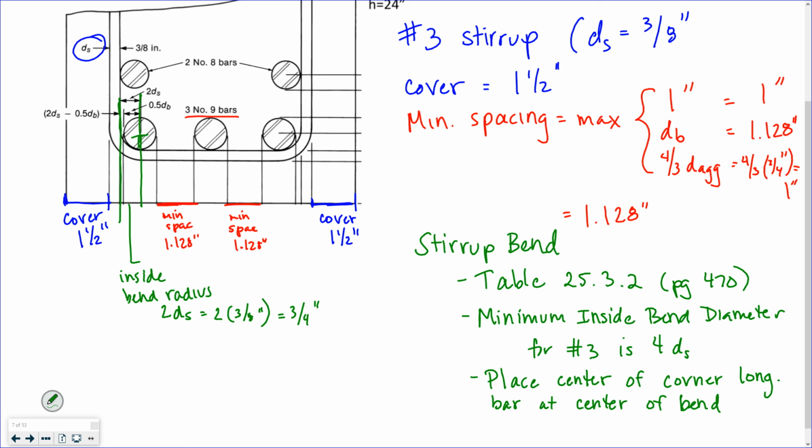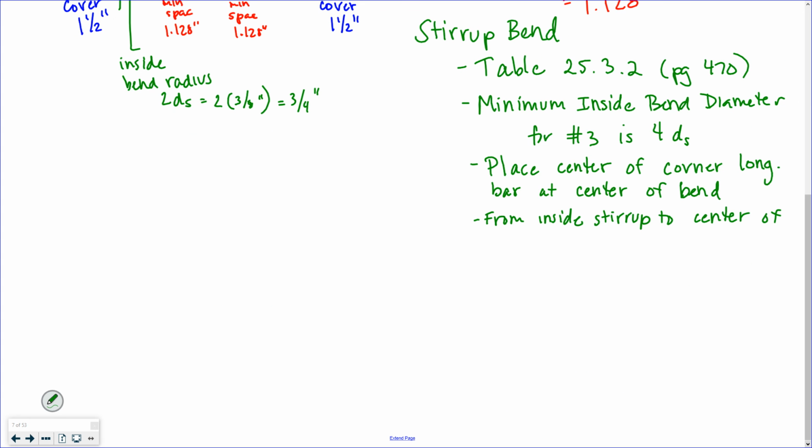So you need from inside stirrup to center of your corner longitudinal bar is 4 ds over 2, so it's 2 ds, because it was a diameter, and I need a radius, right?